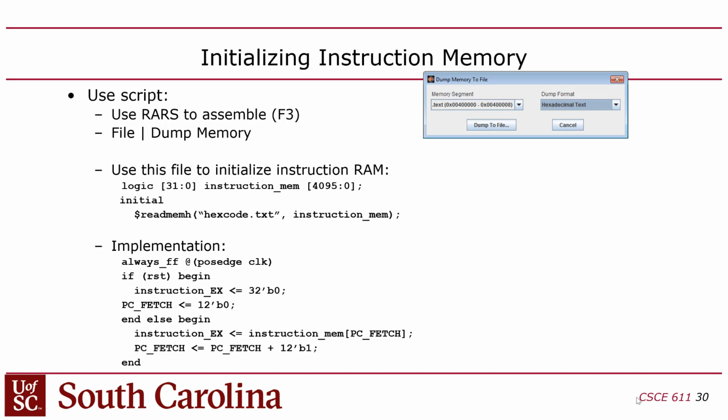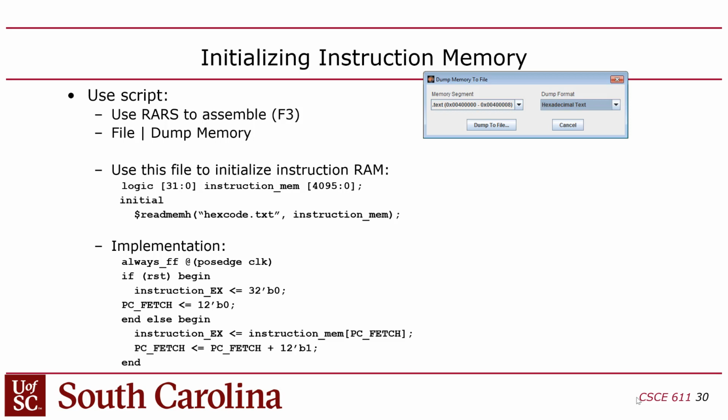And those open source ones have a really crummy waveform viewer called GTKWave, which is much harder to use in my opinion than ModelSim. Anyway, you can do all this open source if you had to. We've used them. But anyway, you just export it from RARS as something called, in this case, hexcode.txt.